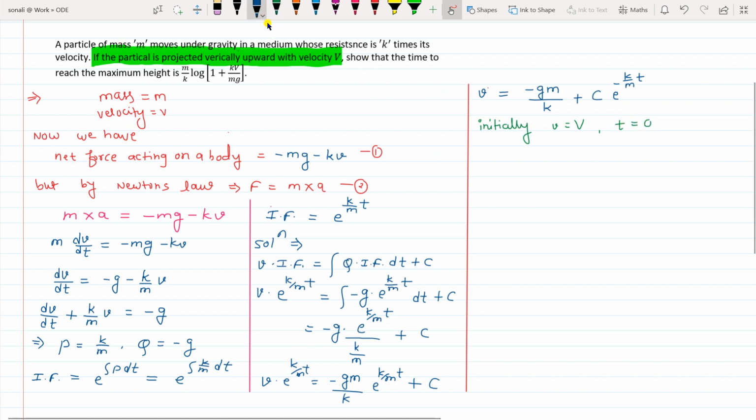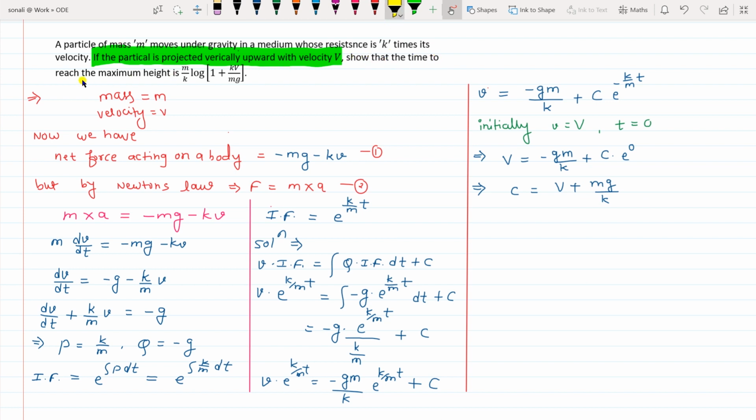So putting all these conditions here, we get capital V is equal to minus gm upon k plus c e to the power, if I replace t by 0, it becomes e to the power 0, and from this I will get the value for c, that is V plus mg upon k.